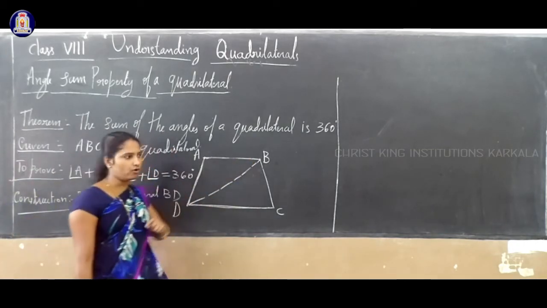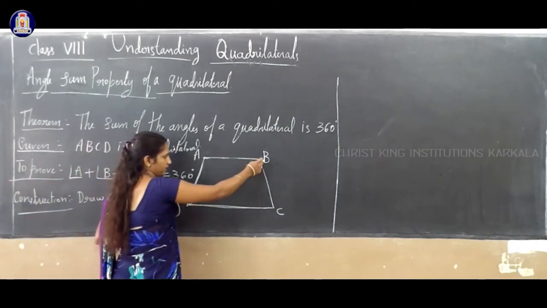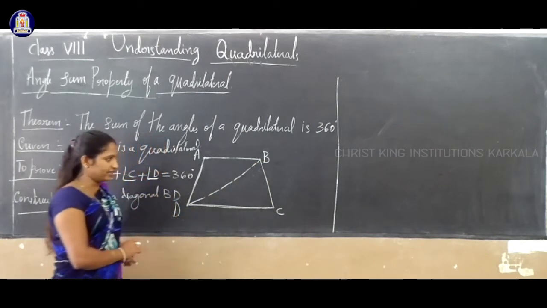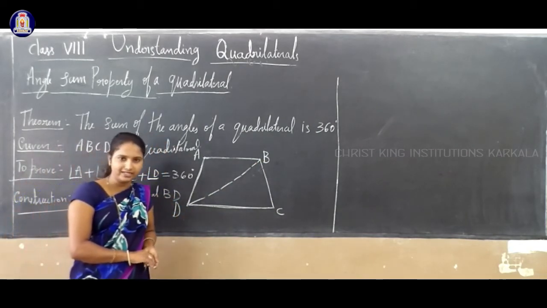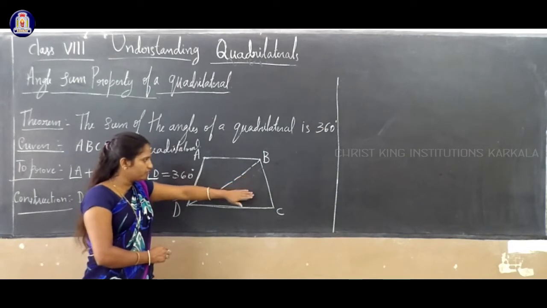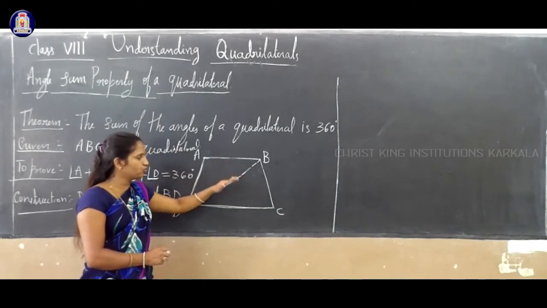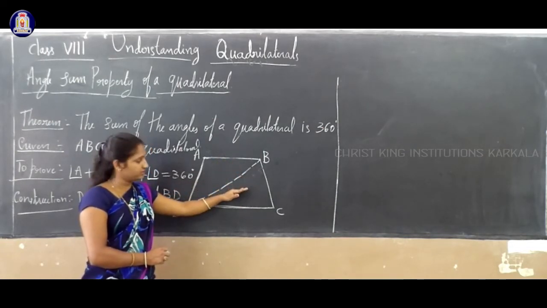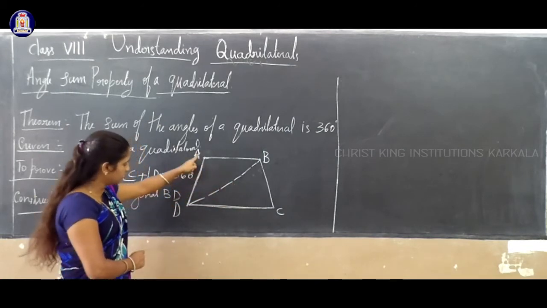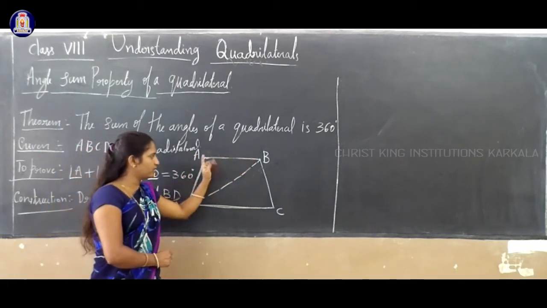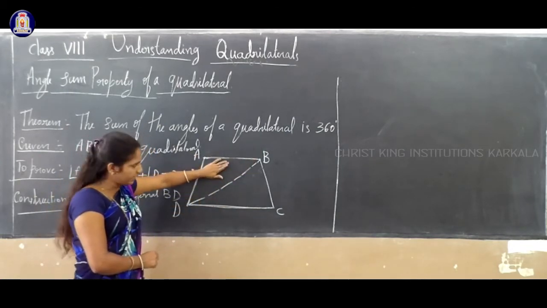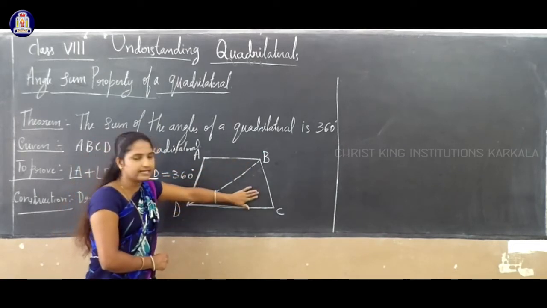Now if you draw this diagonal BD in a quadrilateral, we get 2 triangles, right? The diagonal will divide a quadrilateral into 2 triangles. You can see here ADB is one triangle and BDC is another triangle.